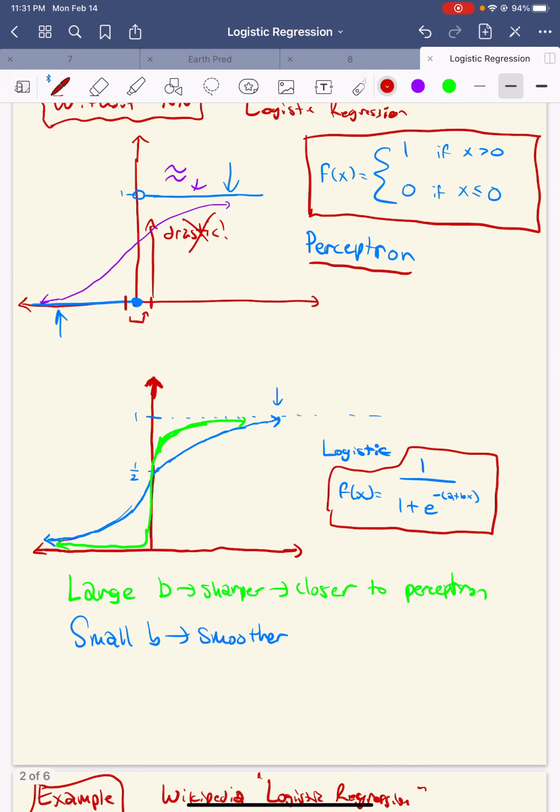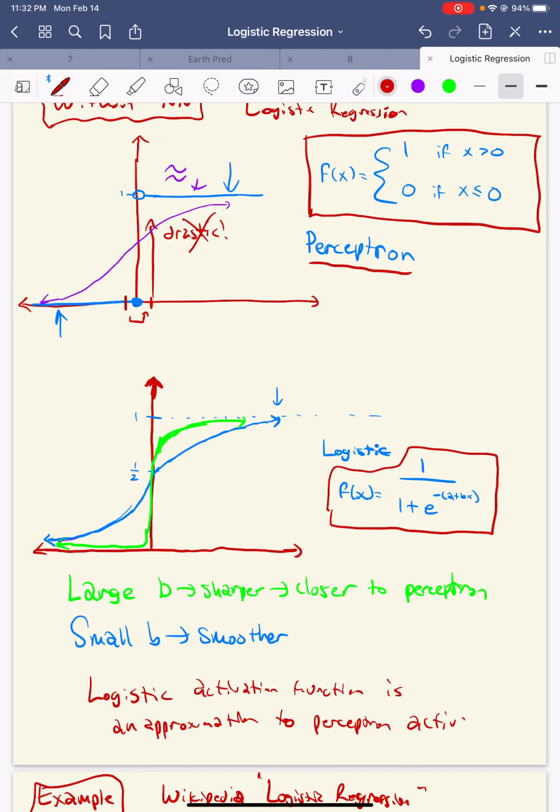So in your head, the main concept you should take away is: the logistic activation function is an approximation to perceptron activation, but smoother, and we have more freedom.